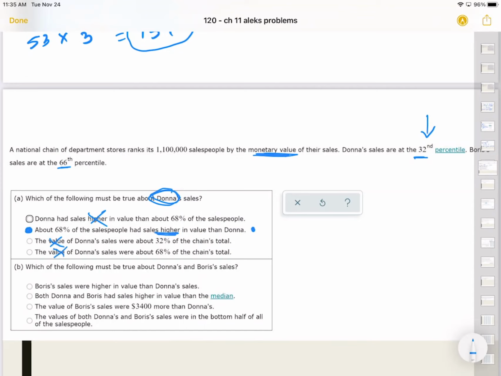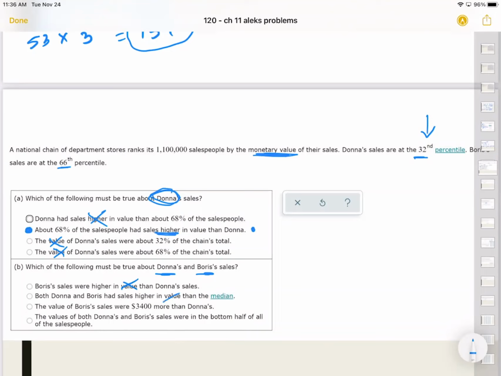The other question is, what must be true about Donna and Boris? Boris's sales were higher in value. Once again, we don't know the value. Both Donna and Boris have sales higher in value than the mean.